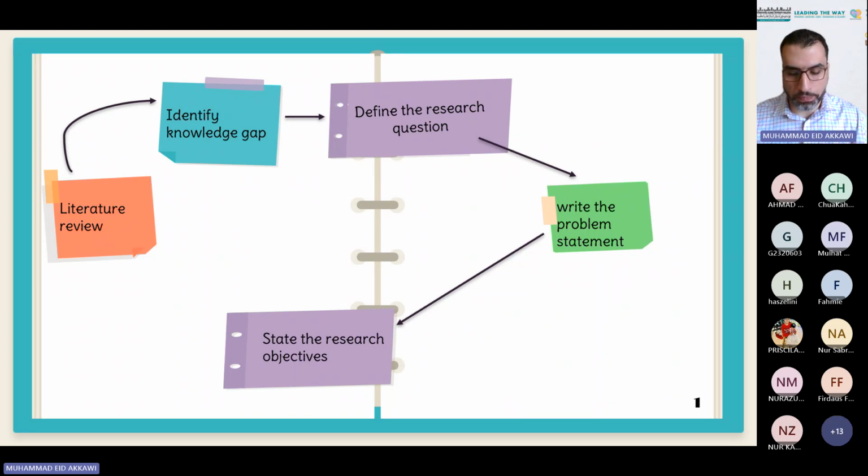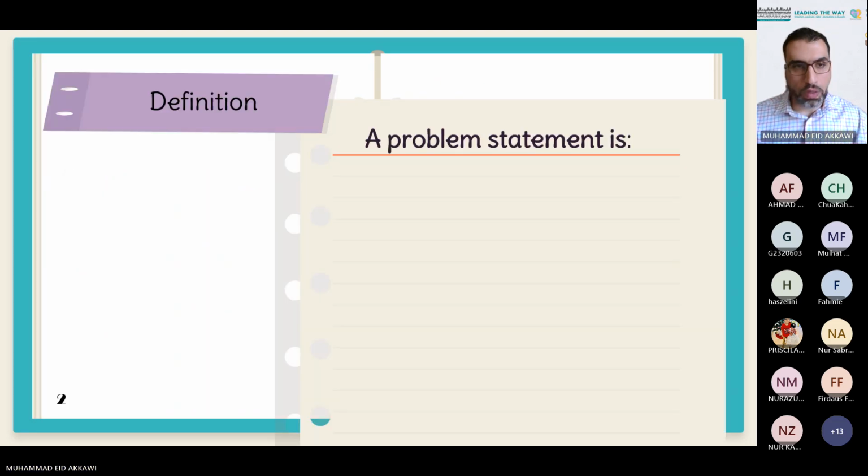If we go to the problem statement, we can divide this into two words: the problem and the statement. The problem is your research problem, what problems you are going to investigate. For the statement, you need to state your problem in sentences.